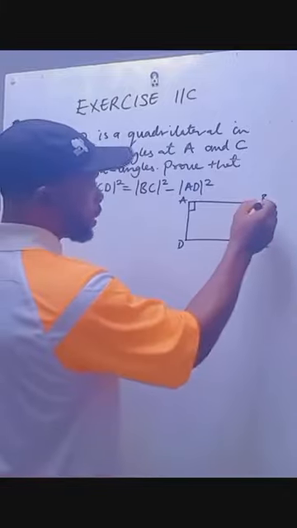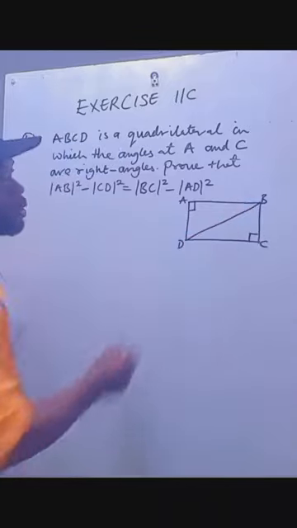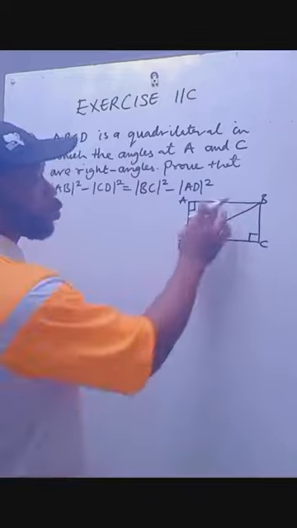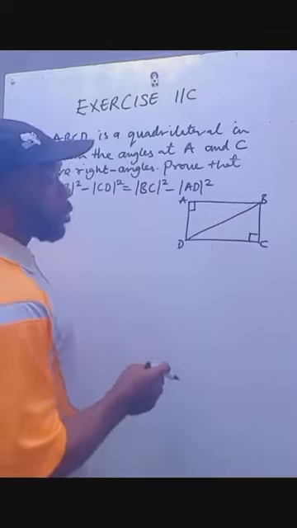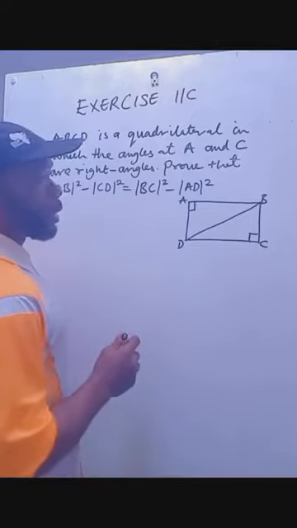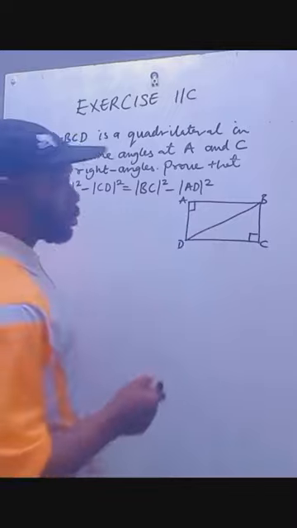If we draw a diagonal from B to D, the diagonal will cut the quadrilateral into two right angle triangles. So we're going to use Pythagoras theorem to get the hypotenuse of both triangles.